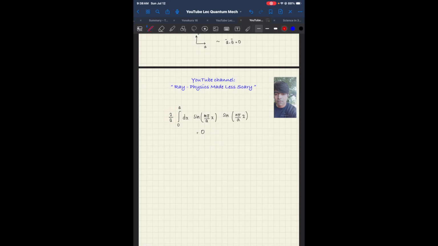For all m not equal to n, you can simply verify it by integration.